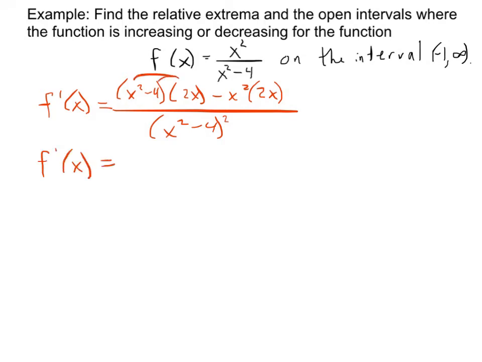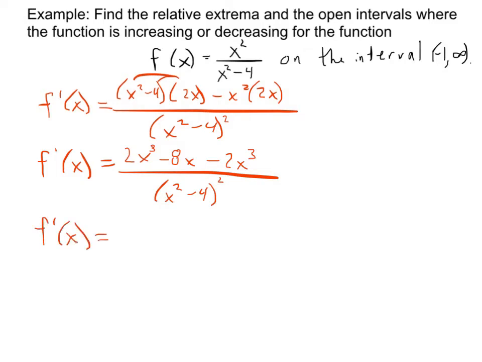Distributing here, the numerator of this thing is 2x cubed minus 8x, and that front thing looks like a negative, sorry. This is positive 2x cubed minus 8x minus 2x cubed all over x squared minus 4 squared. The numerator simplifies further because these two things are opposites of one another. Negative 8x over x squared minus 4 squared.